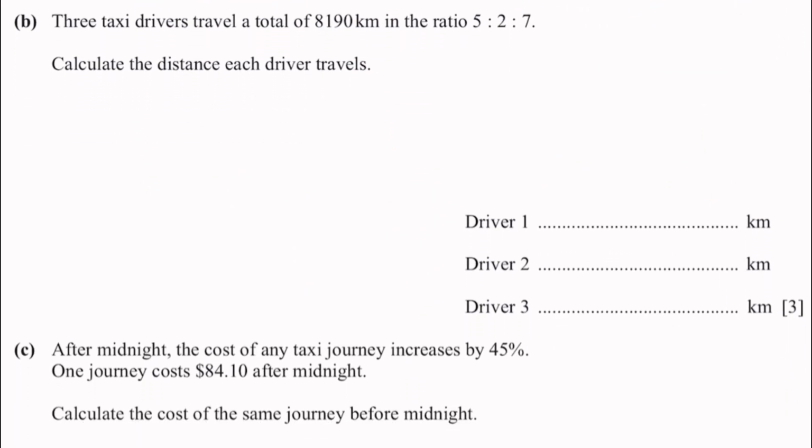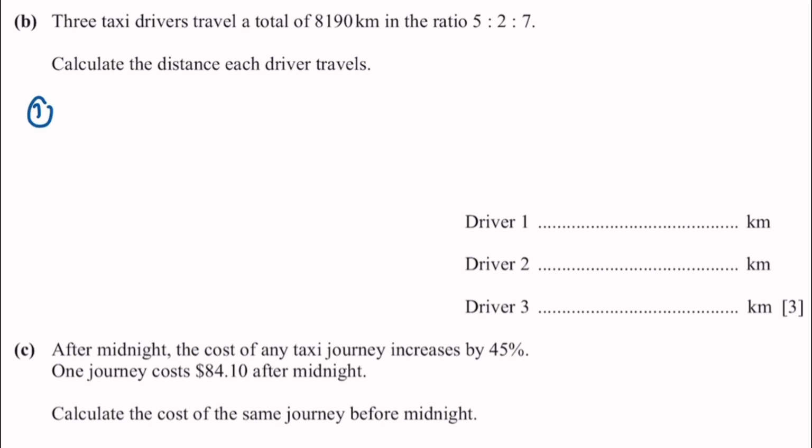Next, 3 taxi drivers travel a total of 8,190 kilometers in the ratio 5:2:7. Calculate the distance each driver travels. So this is the first driver.